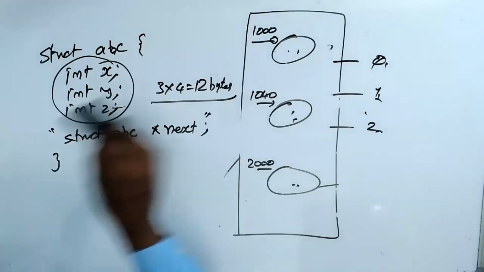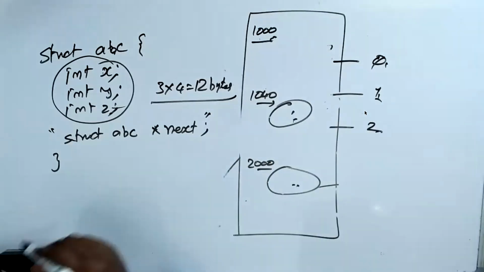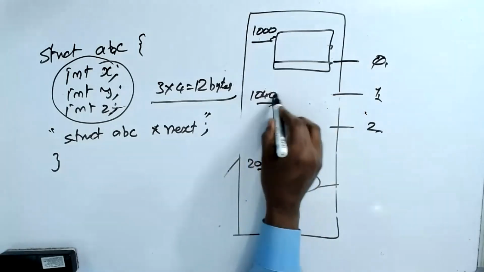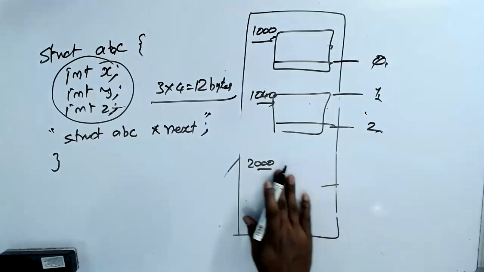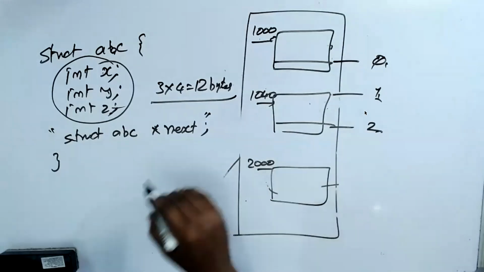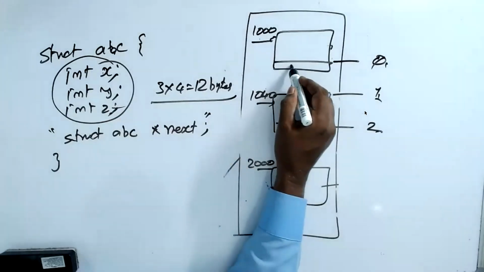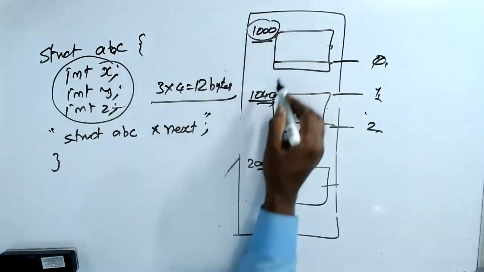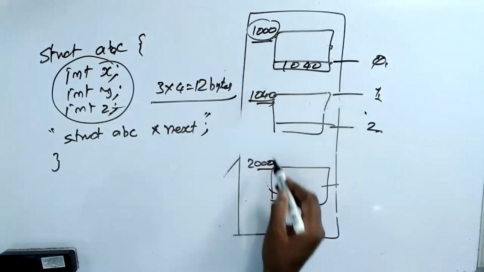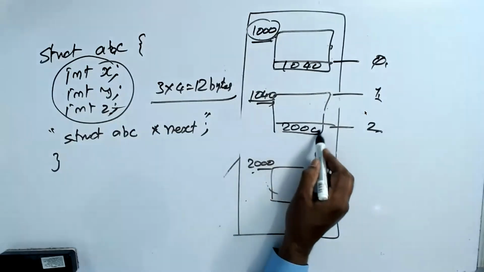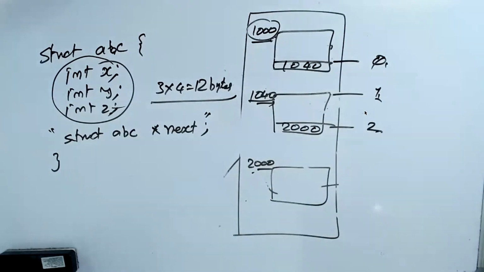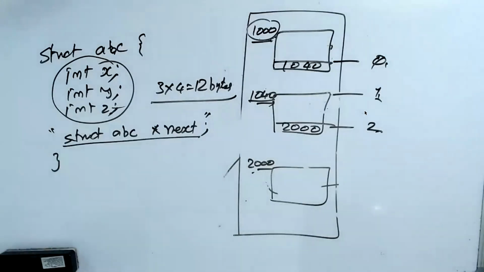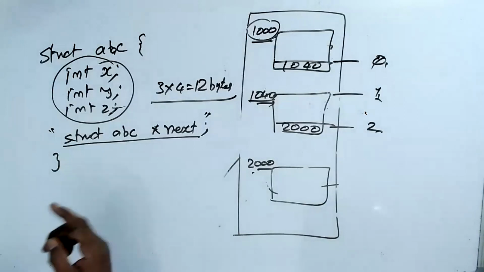So the first one is 1000, the next one 1040, this is 2000. Now, by using this next pointer, we'll be able to walk through everything.